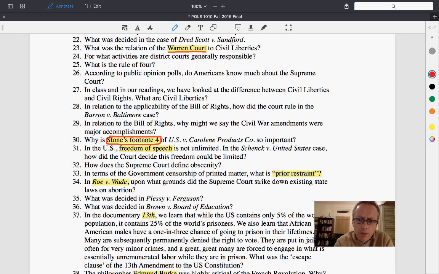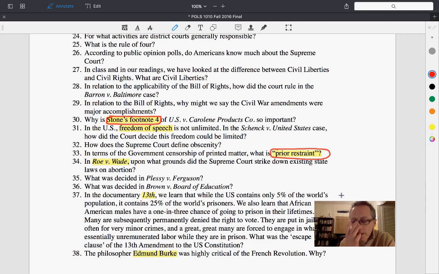Moving along, another couple of conceptually interesting questions. One is the question about prior restraint. I'm not sure that we covered this in the lecture that day, but just in case, we'll detail it now. The government can, of course, if necessary, censor printed matter.